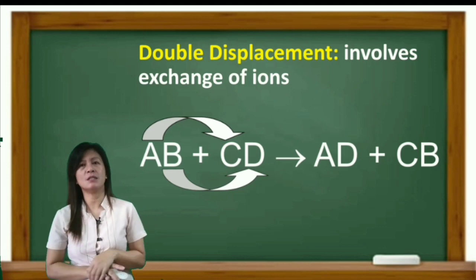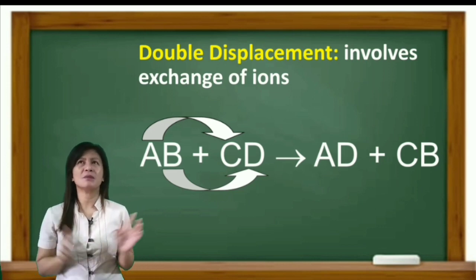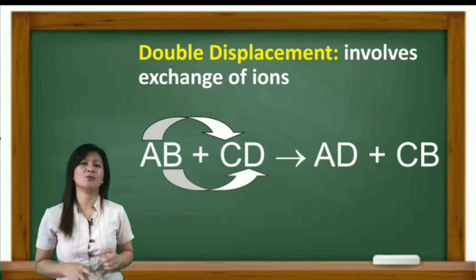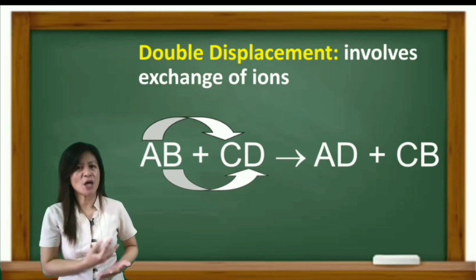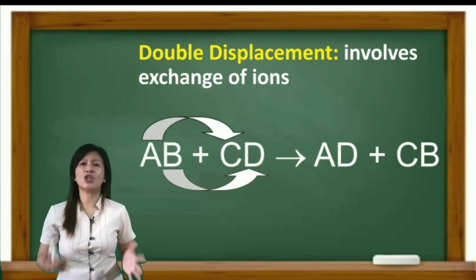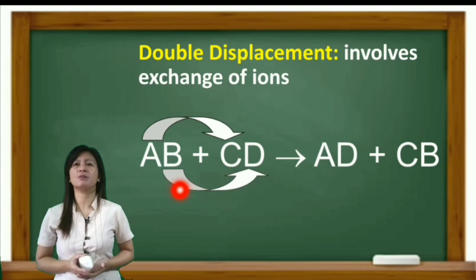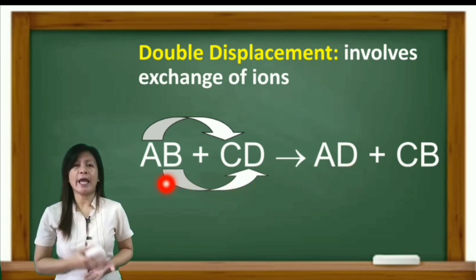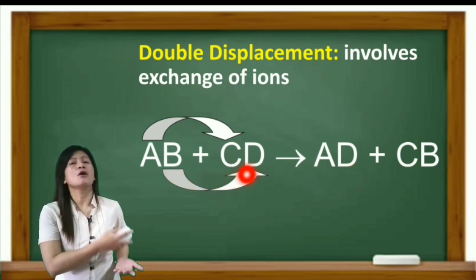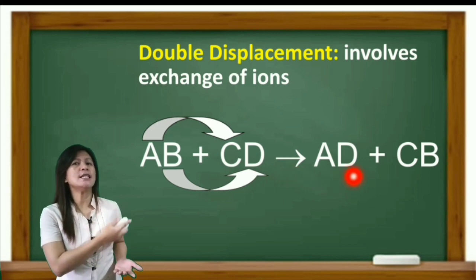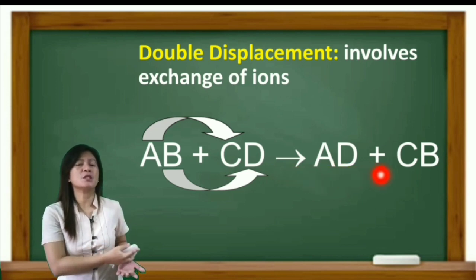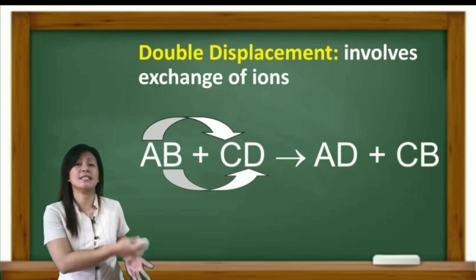We have double displacement. Double displacement is sometimes called an ionic exchange reaction because it involves exchange of positive and negative ions. The general equation for all double replacement reactions is compound AB combines with compound CD to produce substances AD plus CB.